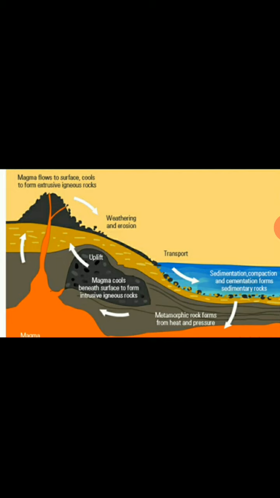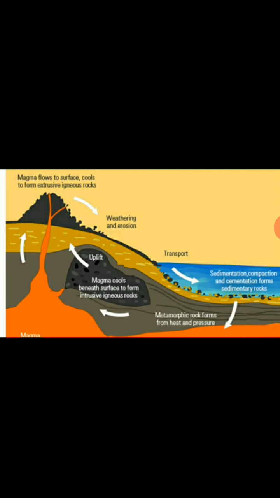And this is the extrusive igneous rock. Weathering and erosion: then with the wind or water, some particles of those rocks flow down or go here and there, and that we call sedimentary rock. Compaction and cementation form a sedimentary rock.